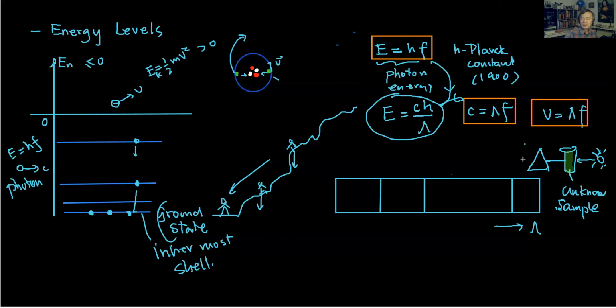This one is the longest wavelength, then probably green, and the last one is purple, which is the shortest. You will see this just like a barcode in the supermarket. This is called the absorption spectrum.